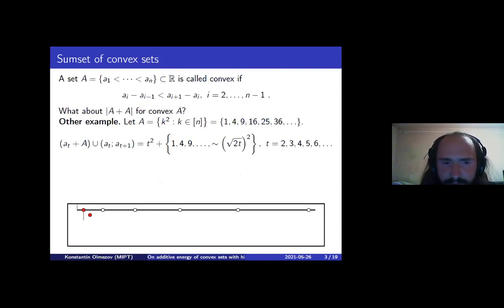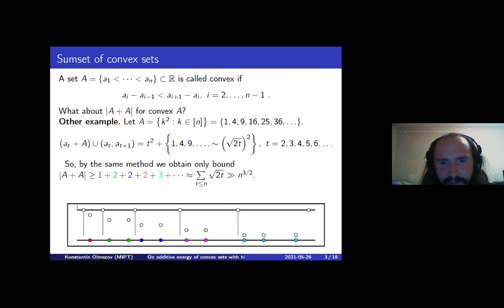If we use this method, we have only slight growth of the size of blocks between two consecutive elements of the sequence, and we have only the power 3 divided by 2.